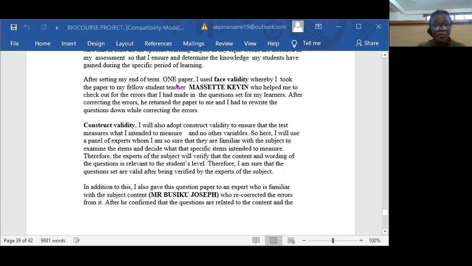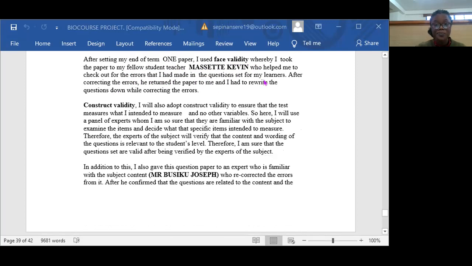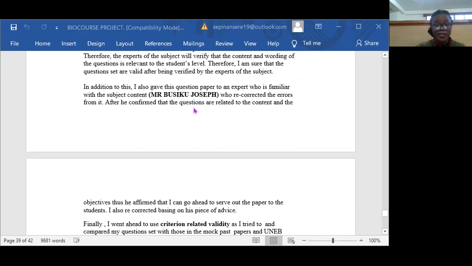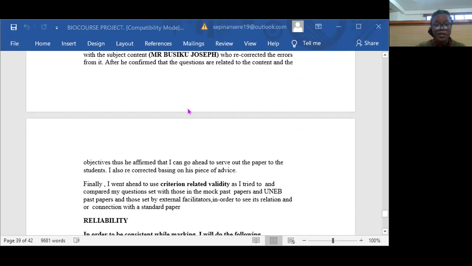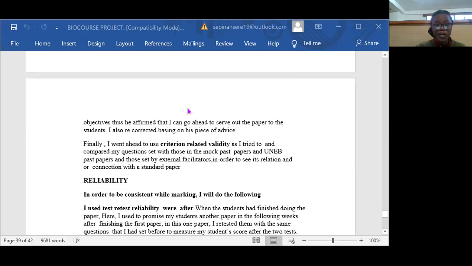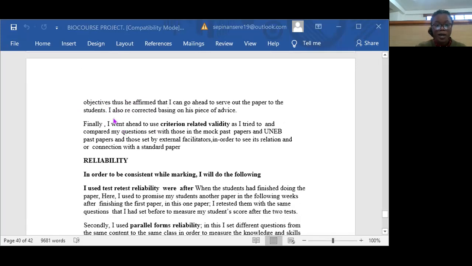And I used face validity. Here, I got my fellow student teacher, Masete Kevin, and we checked the errors that I made in the questions. After correcting the errors, I also used construct validity. Here I got an expert, my lecturer of biology, who helped show me where I made mistakes, helping me to correct my errors.